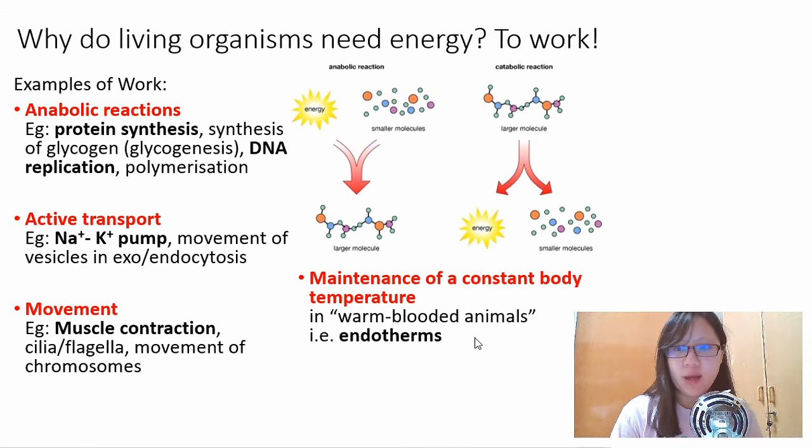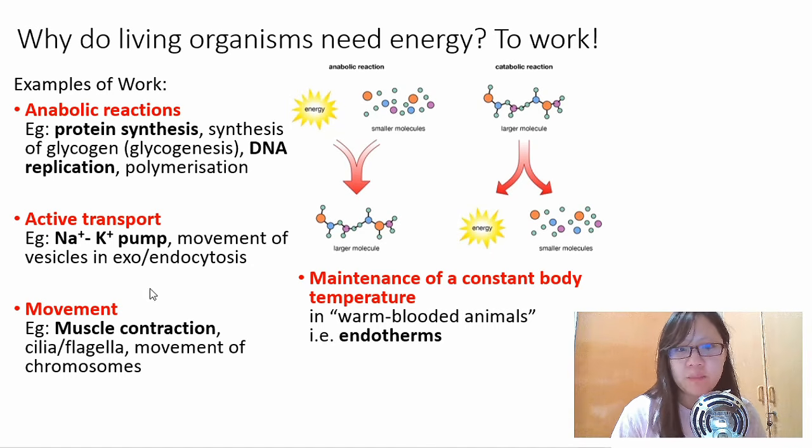especially in warm-blooded animals. The technical term here is endotherms. Me and you, warm-blooded, we are considered endotherms, and our temperature of our body, no matter where we go, to the South Pole, North Pole, to UK or in Malaysia in the Sahara Desert, our body temperature would be around 36 to 37 degrees.